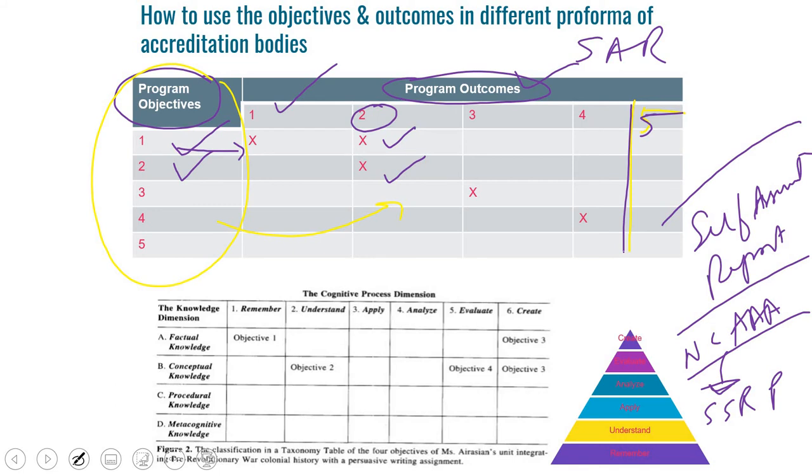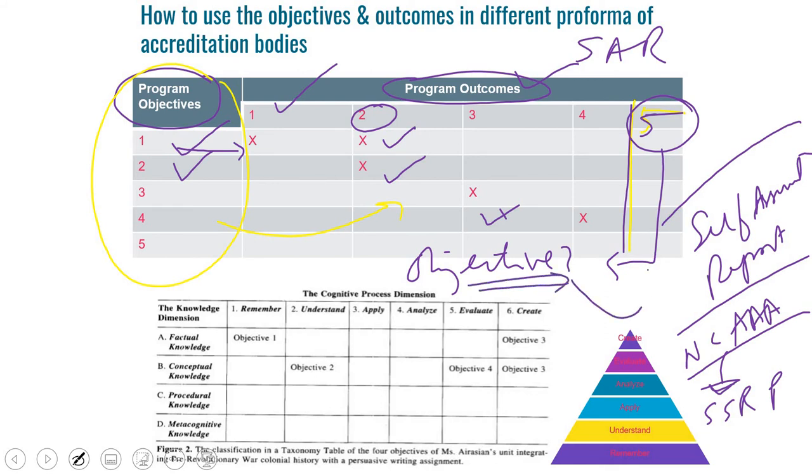You see, if objective number 5 is there, 4 is there, and 4 also falls within the domain of outcome number 3, how can you cover outcome number 5 through which particular objective? If in your course file such an objective does not exist to cover this particular outcome number 5, then it means your students will not get a particular level of mastery points.